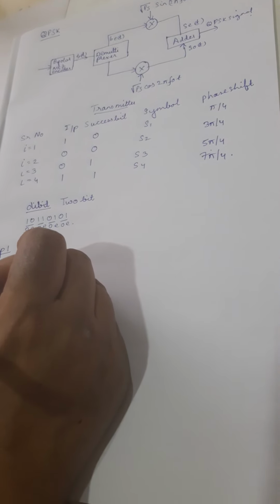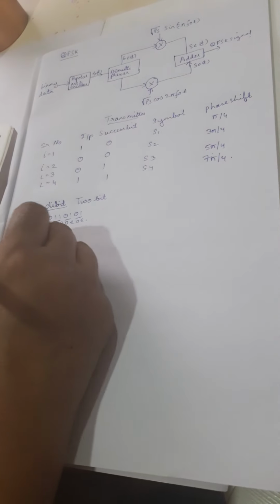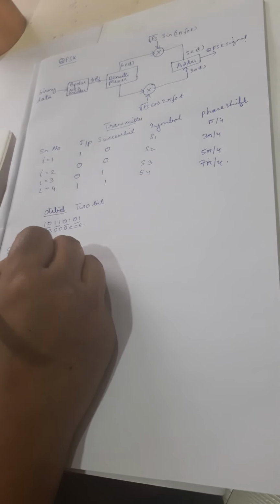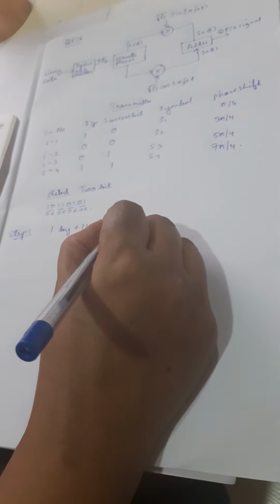This is your binary data, converted to NRZ, and it will be coming in B of T. So here we will represent 1 by +1, 0 by -1. So +1 volt, -1 volt.